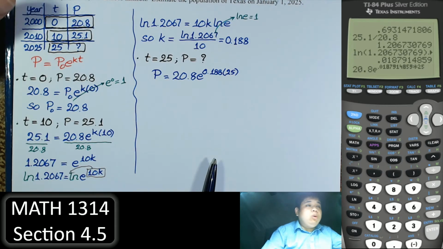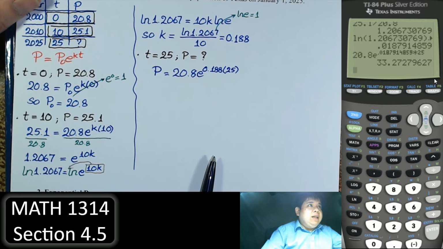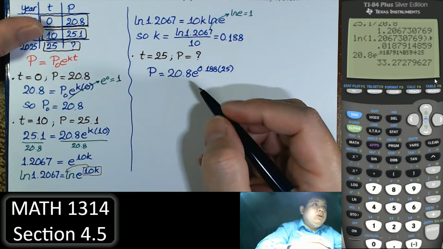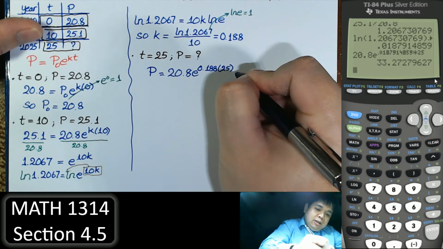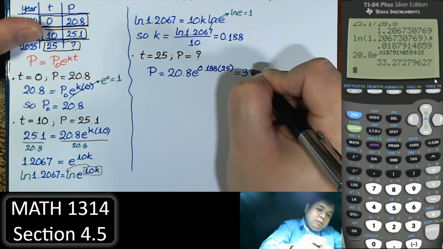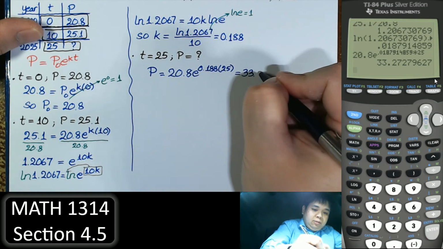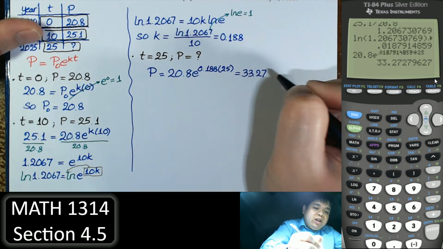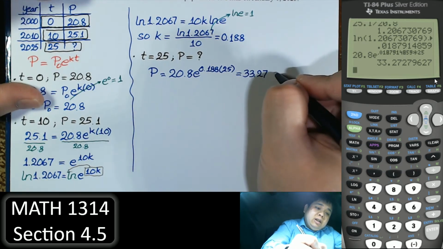We use all the decimal places in the calculator. So we have 33.27. 33.27, and that was in millions.